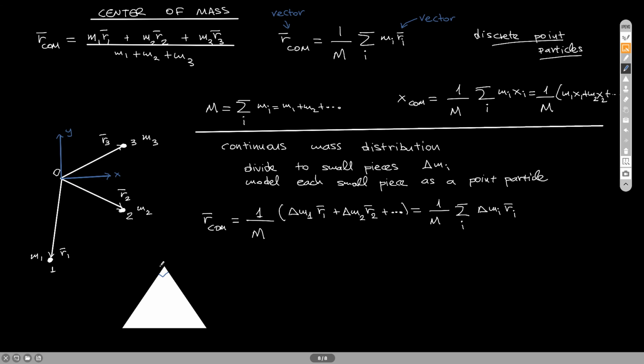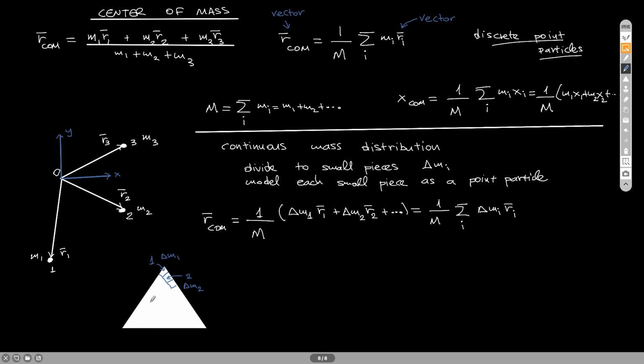So this here is piece 1, it has a mass of delta m1, then I have another piece, the second piece, that has a mass of delta m2, and so on, and I keep doing this until I have the whole thing essentially broken into pieces.